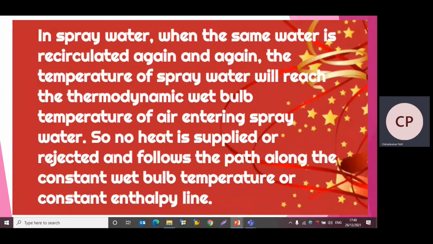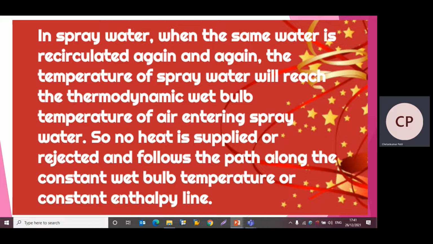So this is the statement that we have to write in the notebook: in spray water, when the same water is recirculated again and again, the temperature of spray water will reach the thermodynamic wet bulb temperature of air entering the spray water.